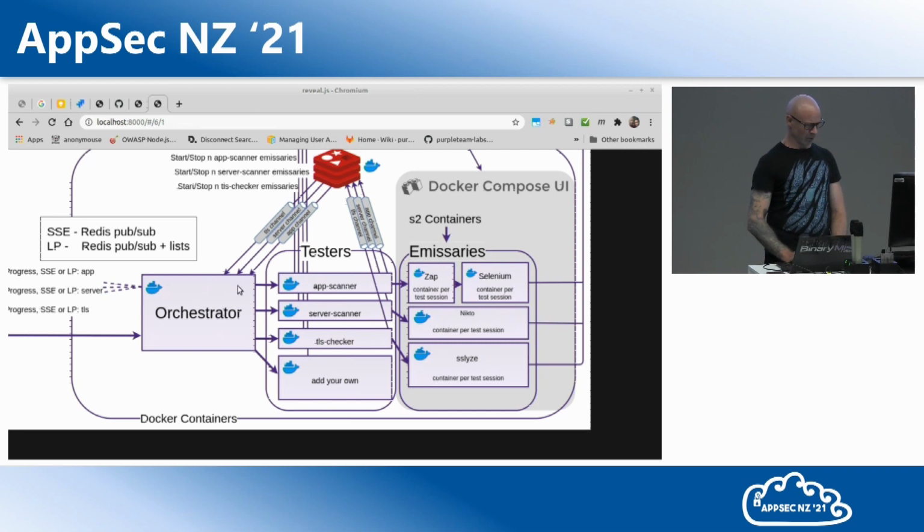If you're using long polling, then we push those messages back into Redis lists, into specific lists for the testers, and then as a long poll request comes in, we pop them off the list. So we pop off a whole bunch, or as many as are in that particular list. It's not too chatty at all. In some cases, it can be less chatty than server sent events.